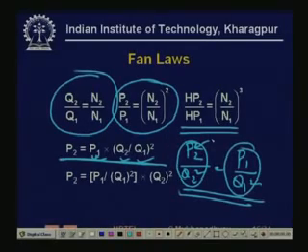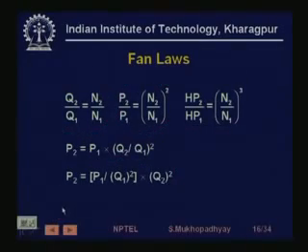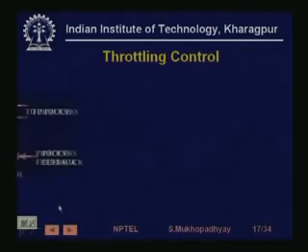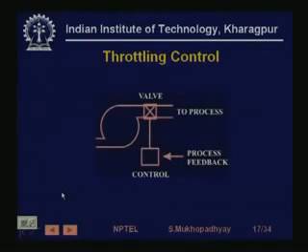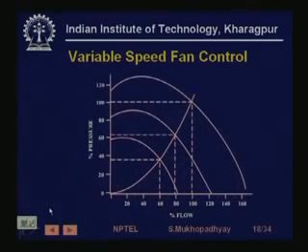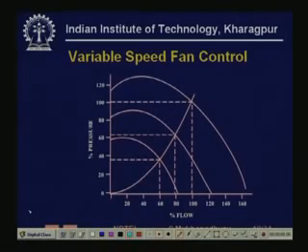Now, having known that, we come back to this variable speed fan control. If you want to reduce the speed, we are not going to put any damper or any valve.